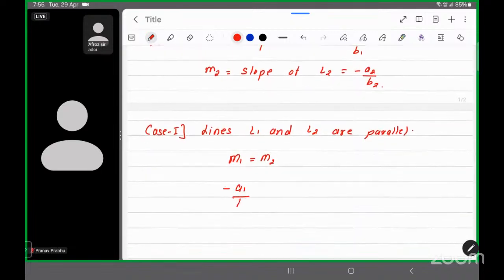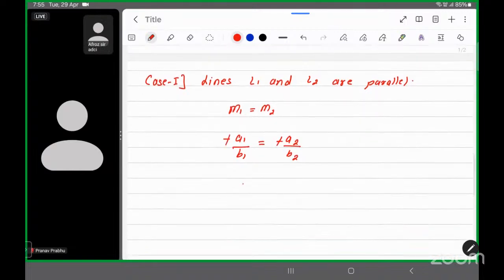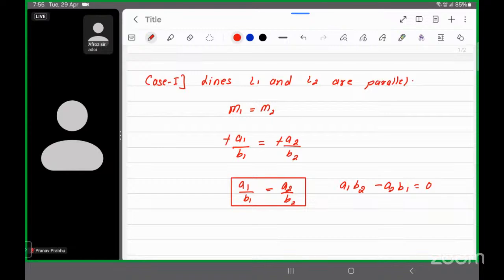Minus a1 upon b1 equals minus a2 upon b2. Correct, the negative gets cancelled, so we get the condition a1 upon b1 equals a2 upon b2. The same condition can be written as a1 b2 minus a2 b1 equals 0. This is the first case.